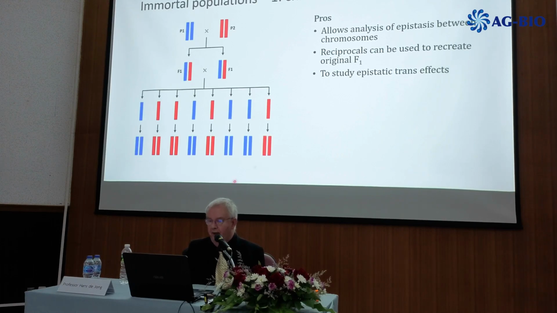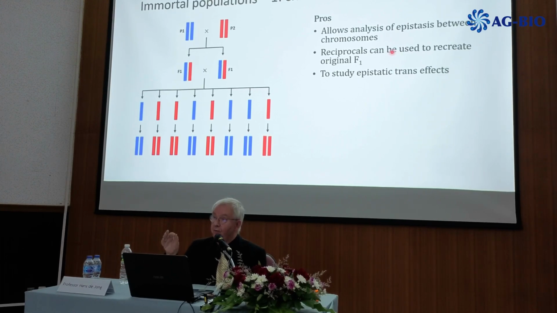But anyway, you see here that all these chromosome pairs in this double haploid are either blue or red. Is it interesting? Yes, because later you can see the trans effects of QTLs between different chromosome substitutions.